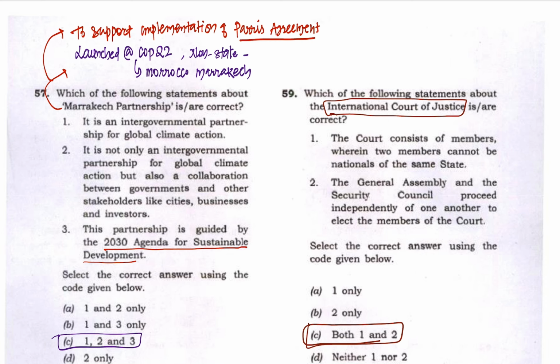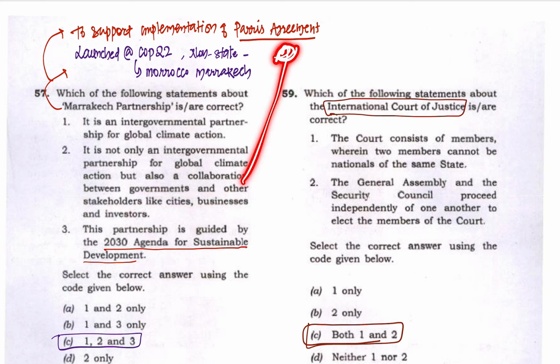Now what does the initiative deal with? It's a global climate action partnership. It is not an intergovernmental partnership, but a partnership for global climate action, with collaboration between governments and other stakeholders like cities, businesses, right?